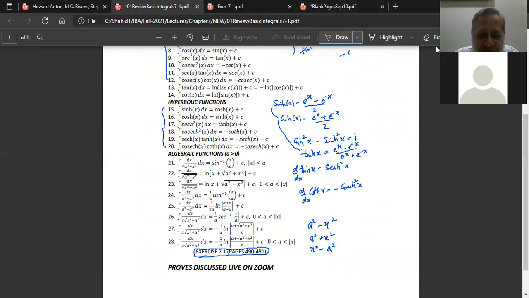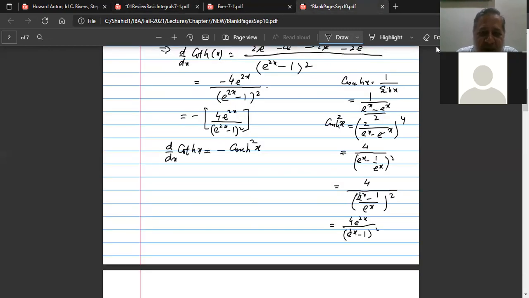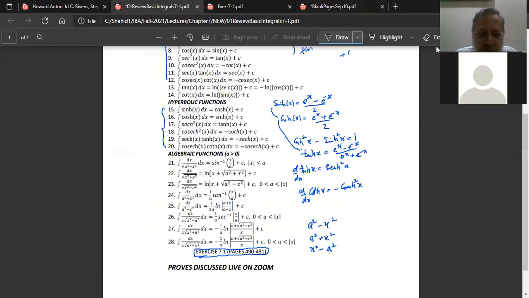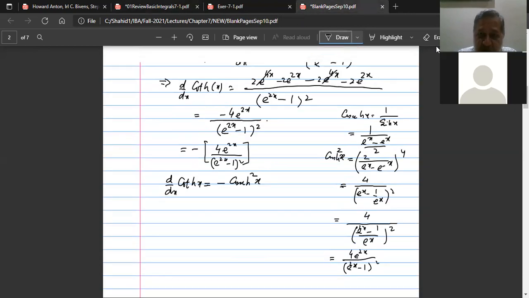Now, since the derivative of cot hyperbolic x has come out to be minus cosecant hyperbolic square x, the antiderivative of cosecant hyperbolic square x is equal to minus cot hyperbolic x. Similarly, you can prove the rest 3 of them. But of course, these are new functions.